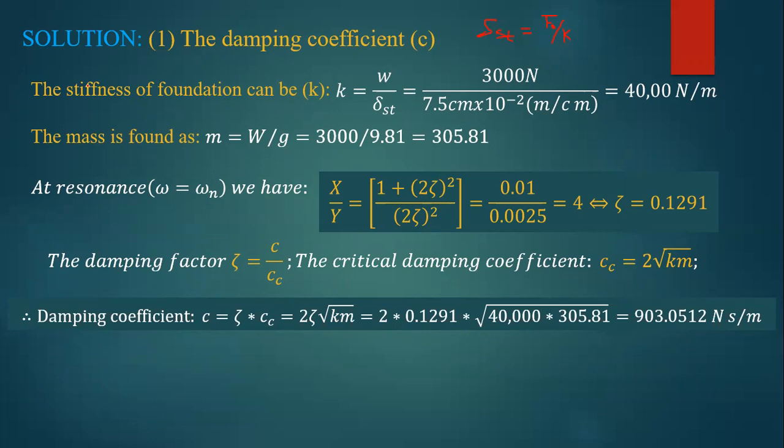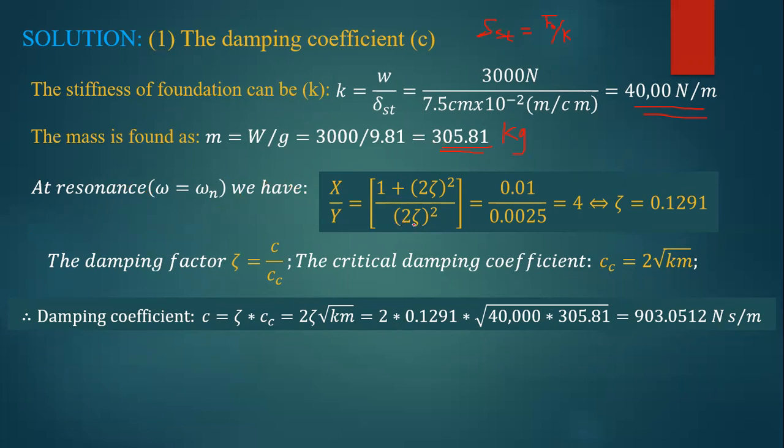In our case, F naught is the weight of the machine. So K is equal to weight over delta ST. From that, we get 4,000 Newton per meter. Also, the mass is weight over gravity, which gives the mass in kilograms. At resonance, where omega is equal to omega n, we have X over Y equal to the square root of 1 plus 4 zeta square over 2 zeta.